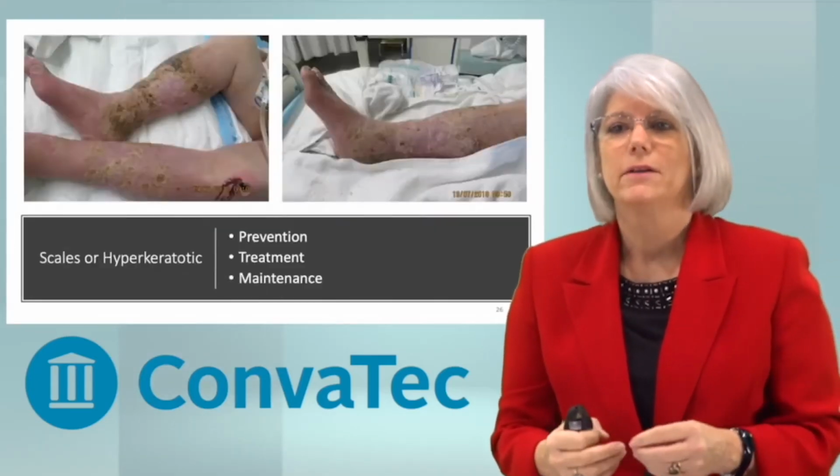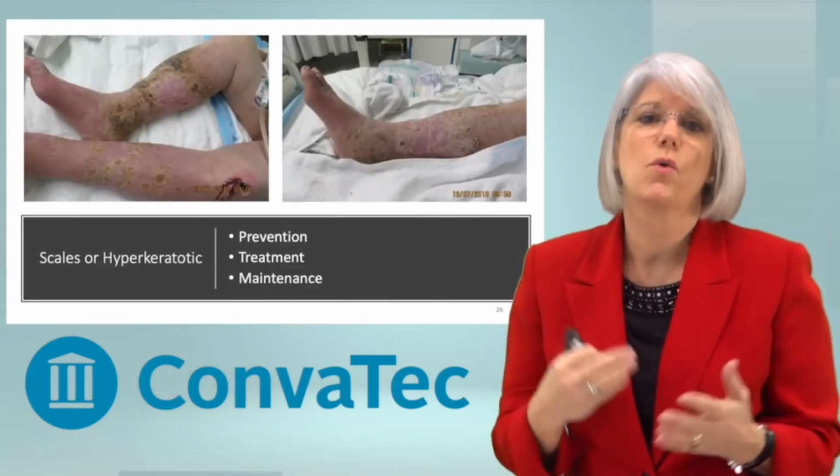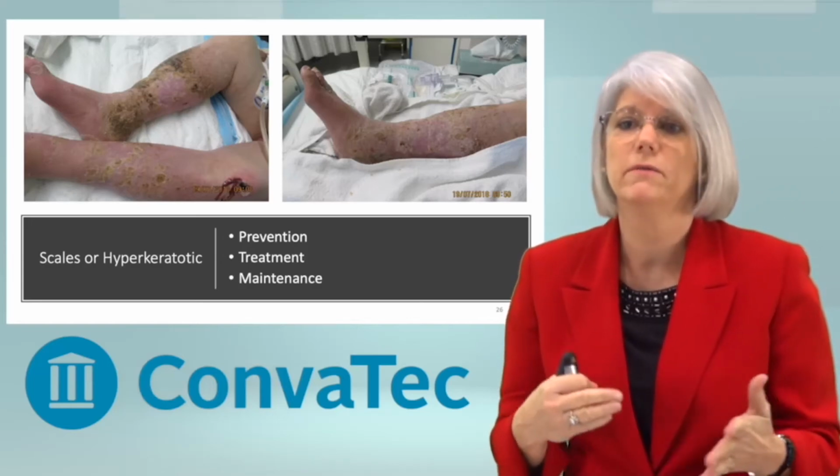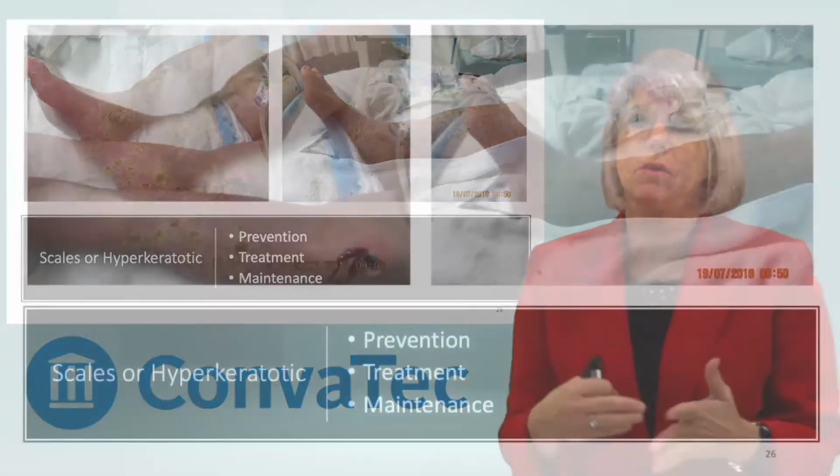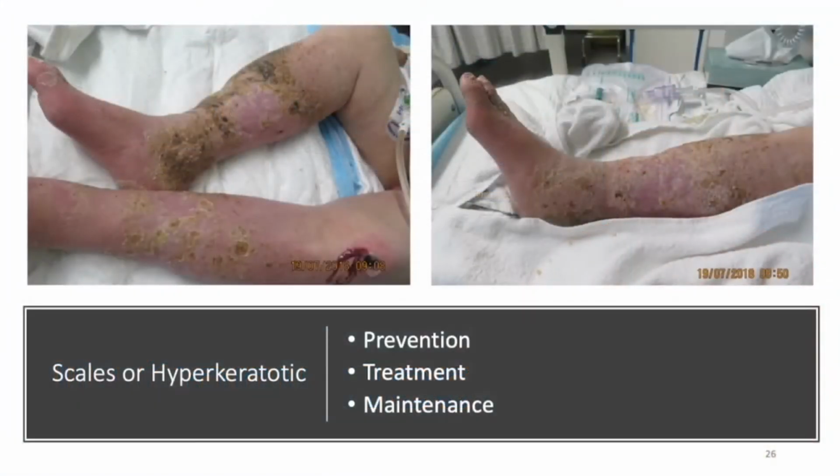Now, with scales or hyperkeratosis, this is quite common in patients who have venous leg ulceration, and the goal is prevention, treatment, and maintenance. And you can see from this photo that the patient actually came in, they're in hospital, and on their left knee, they've got an injury down to bone where they fell.